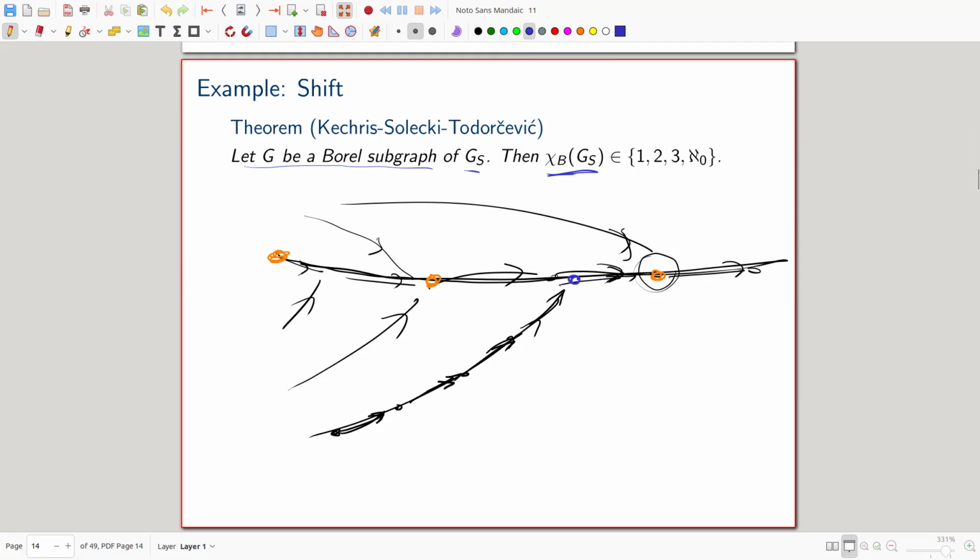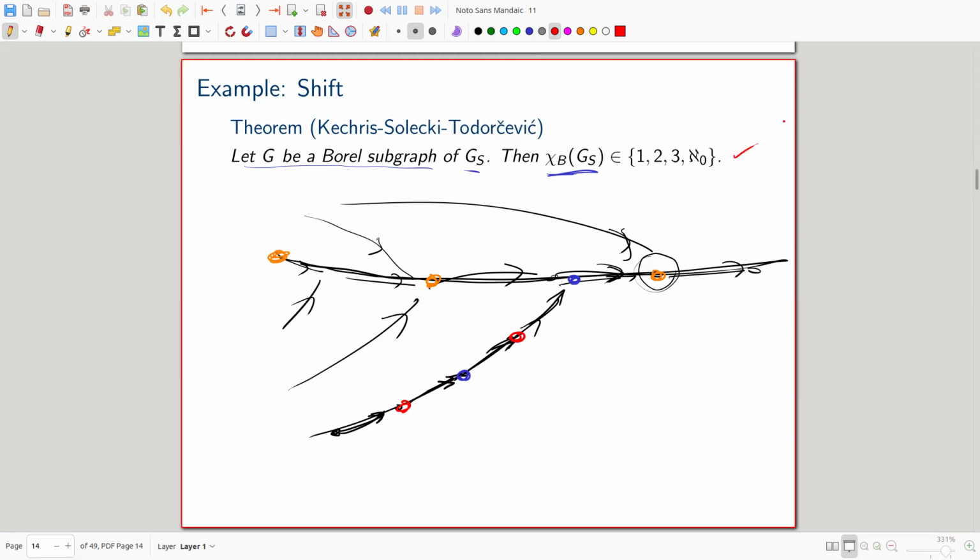So I color this blue, color this red, color this blue again, red. So orange plus parity coloring, that's 3 colors, right? So we have just shown that once you have a finite coloring, you automatically have a 3 coloring as well. Okay, so we have this theorem.